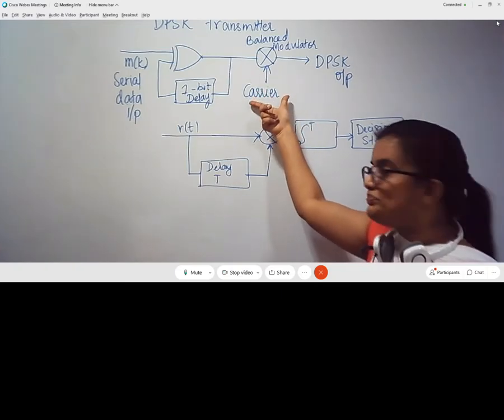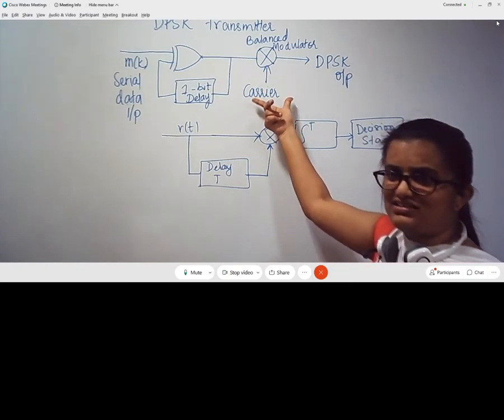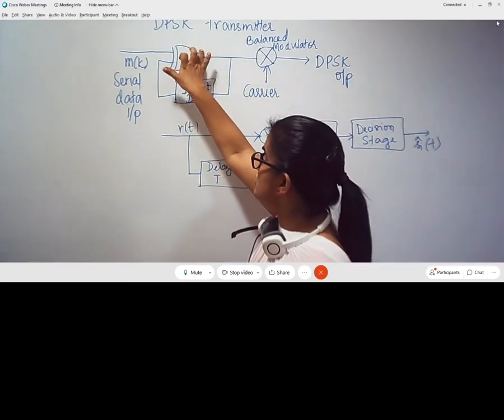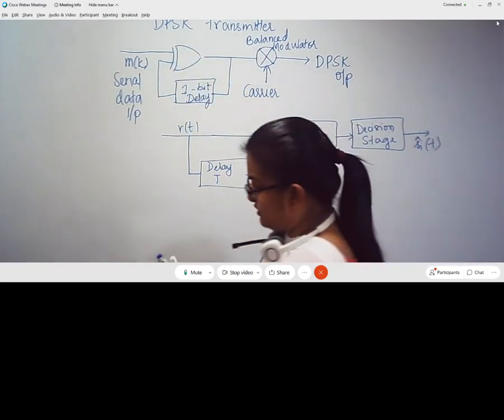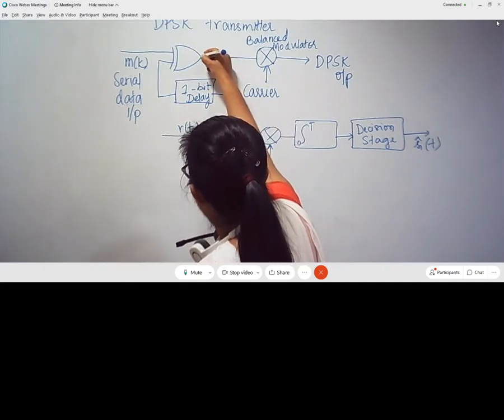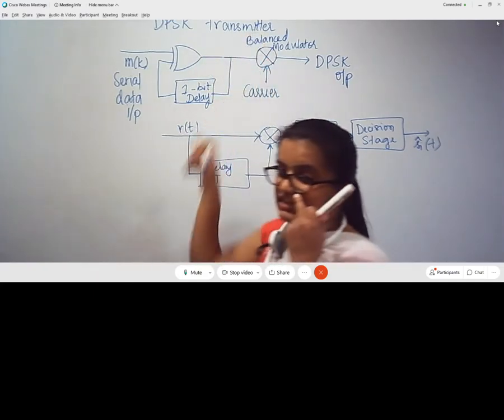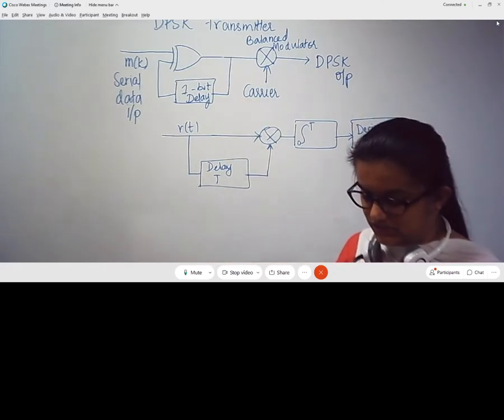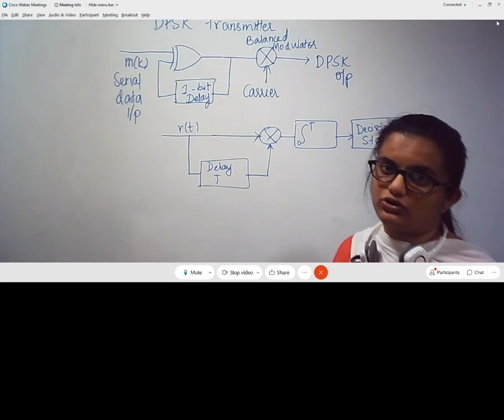You can see the modulator is a very simple structure where I need only one logical operator, the XOR operator, and a multiplier with the carrier input. It is just as simple as this, which can generate a DPSK modulated system.